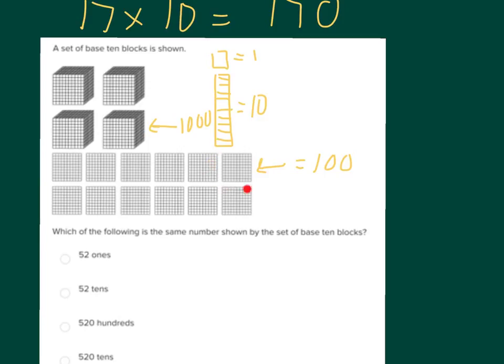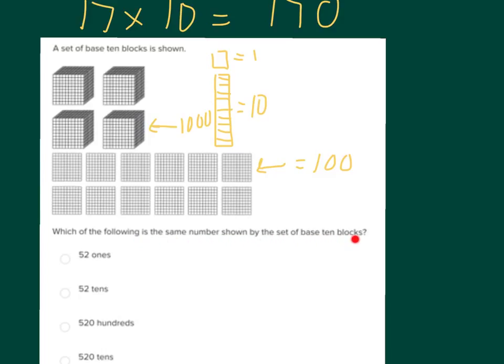One of these squares that's 10 by 10 represents 100 because there's 100 squares on there. And a cube is made up of 1,000 little cubes, so that represents thousands.